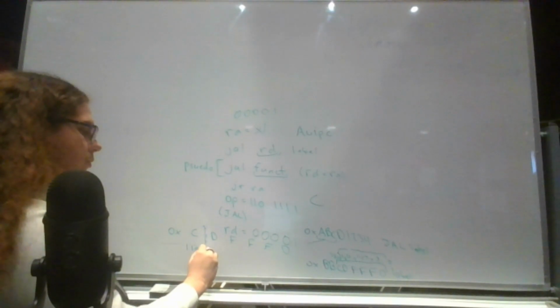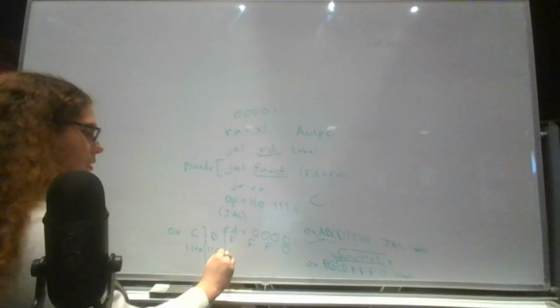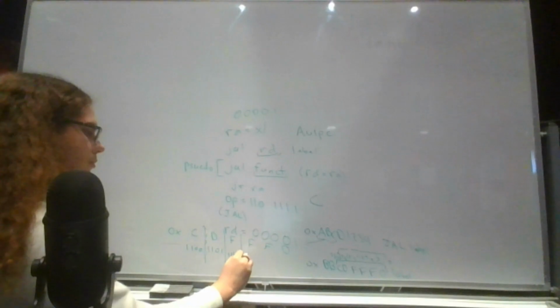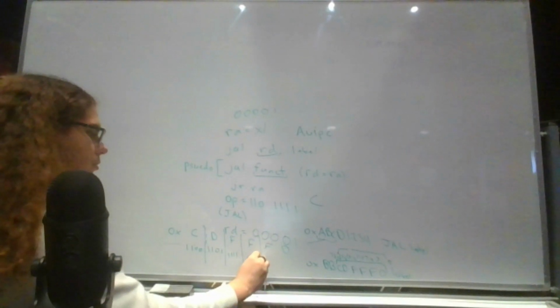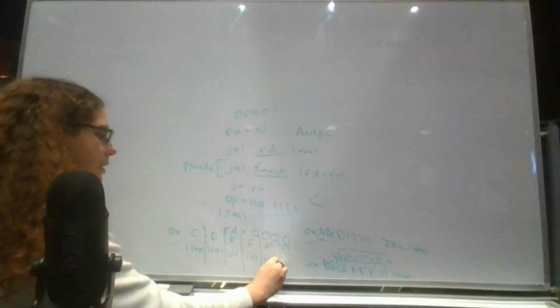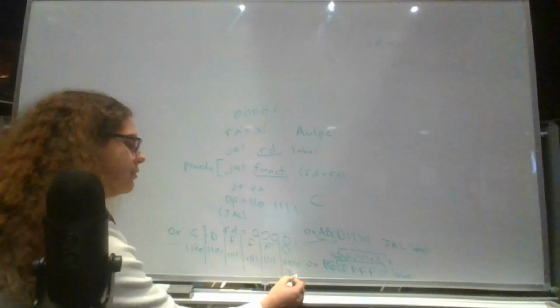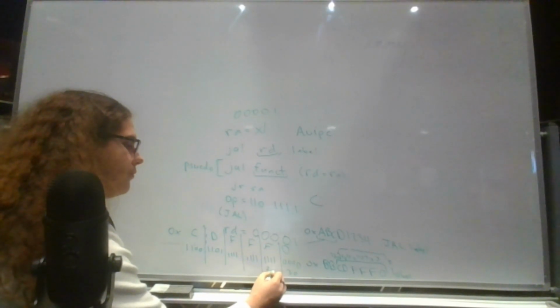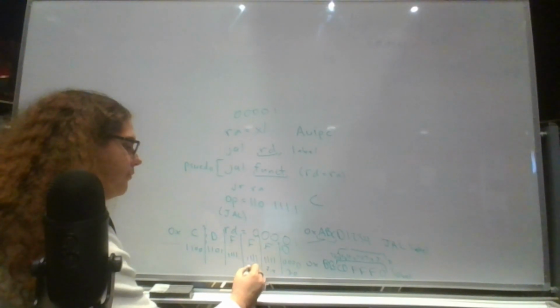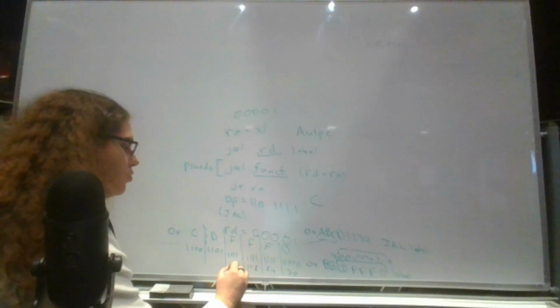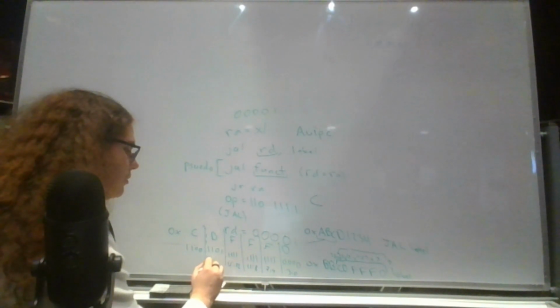D is going to be 1, 1, 0, 1. And then a bunch of 1s, and then a bunch of 0s. So these are bits 3 to 0, 7 to 4, 11 to 8, 15 to 12, 19 to 16, and finally 23 to 20.